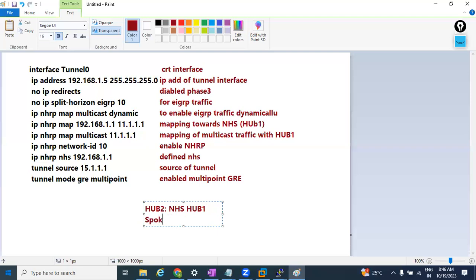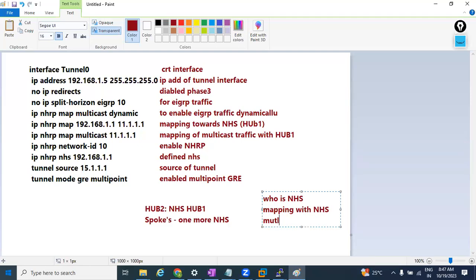And after that, on the spokes, you have to define what? Who's my new or one more NHS. Okay. So then you have to define who's my NHS there. So three things you have to define there. Who is the NHS, how to reach it, or you can say the mapping with the NHS, and this is the multicast mapping with multicast traffic.